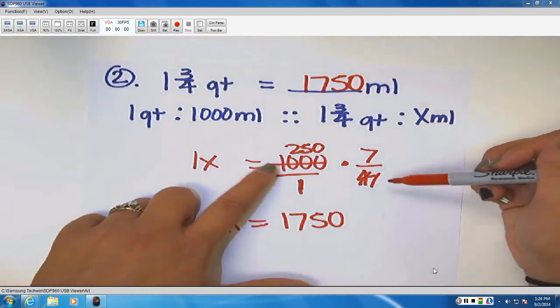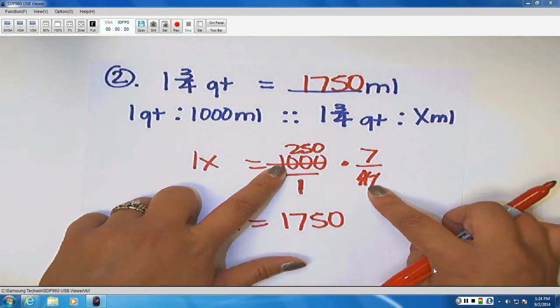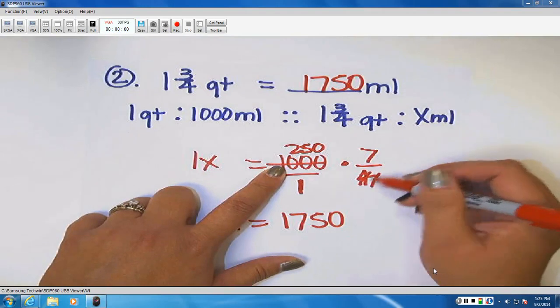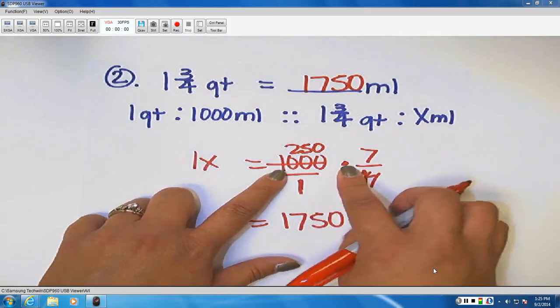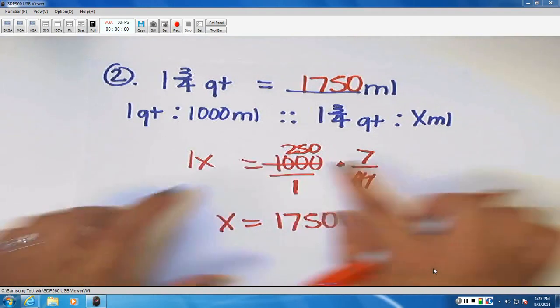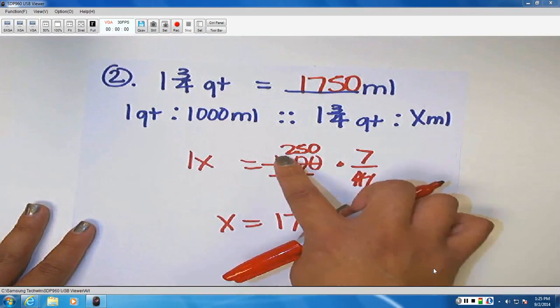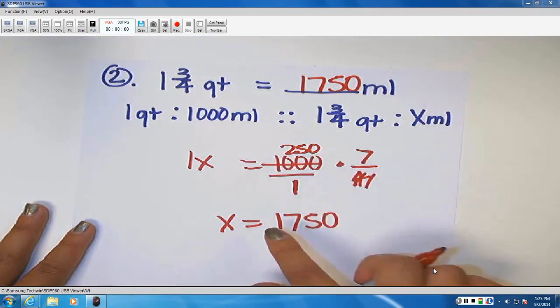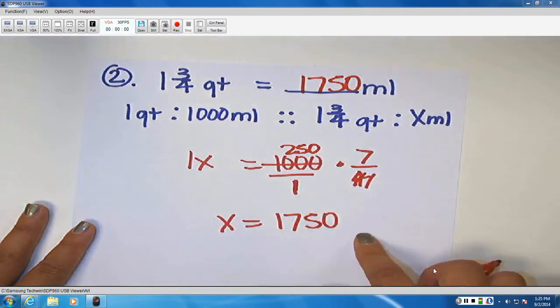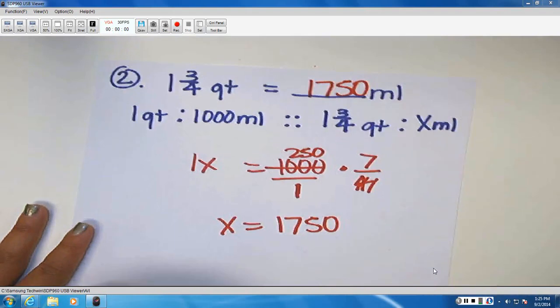I was able to reduce. I knew that 4 would go into 1,000 250 times. So that took that 4 to 1, that 1,000 into 250, and then I just multiplied straight across. So 250 times 7 was 1,750, which was my answer.